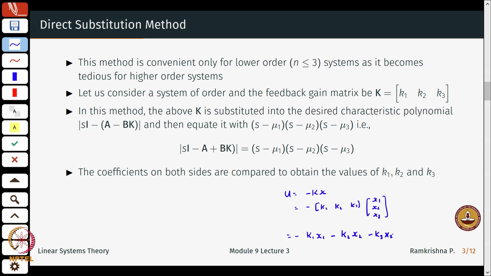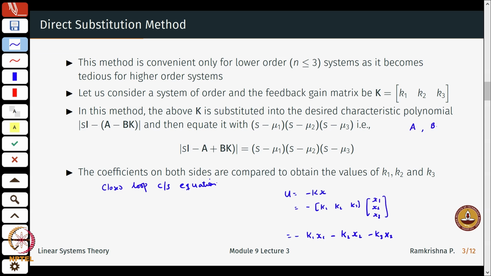What is known to us? I know A, I know B. Additionally, I also know the closed loop characteristic equation.